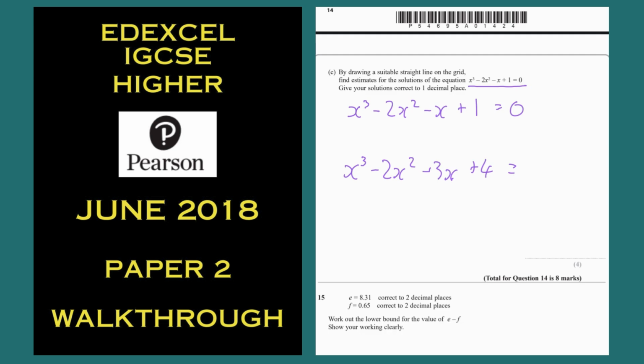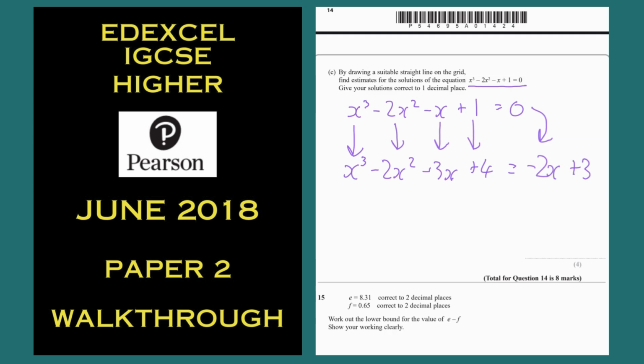What's happened? Well, the x cubes are the same. The x squareds are the same. What's different? They've subtracted 2x. It's like they've gone from there to there, and they've subtracted 2x, but they've also gone from there to there and added 3.